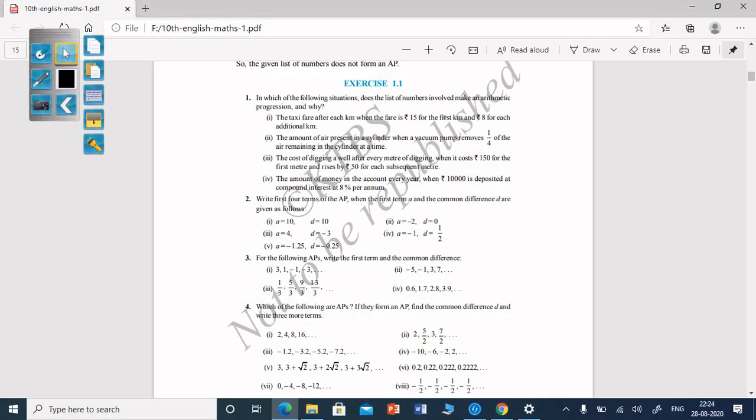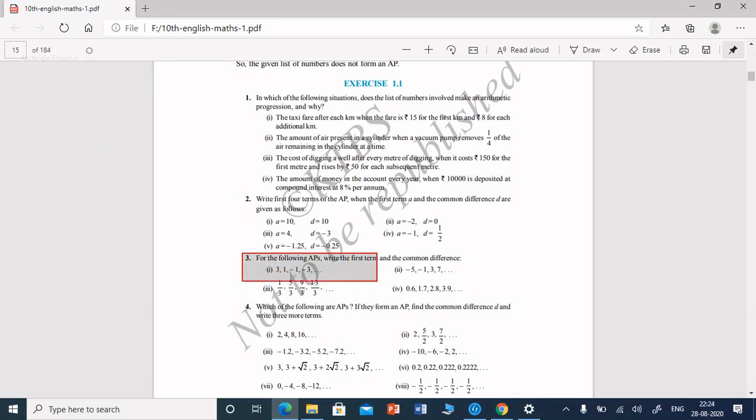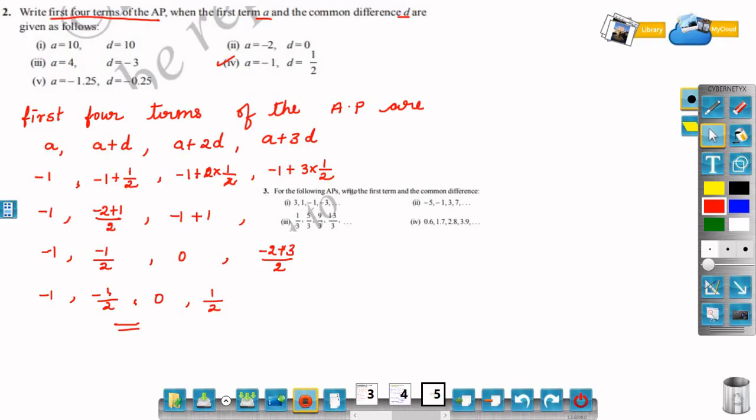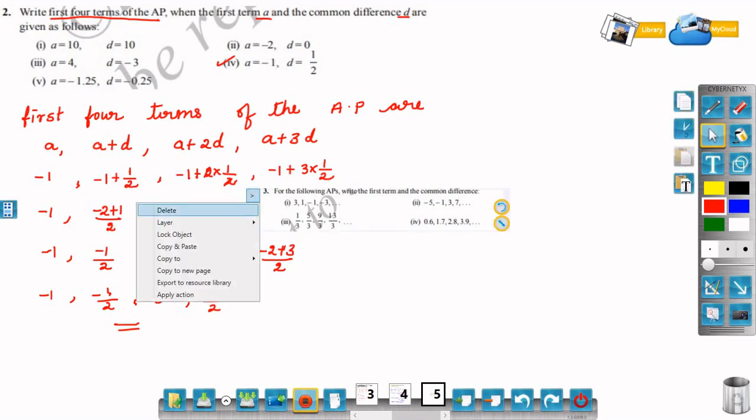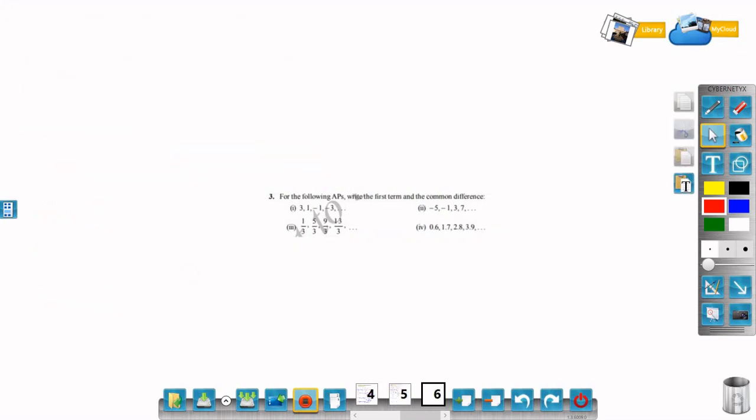See the third main. In the third main, for the following APs, write the first term and the common difference. It is easy.